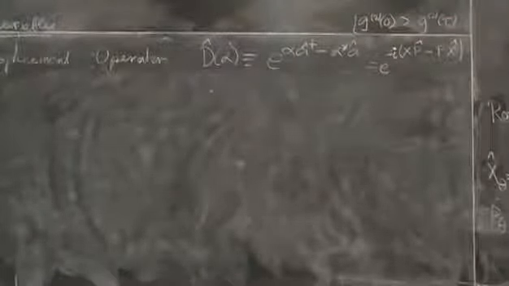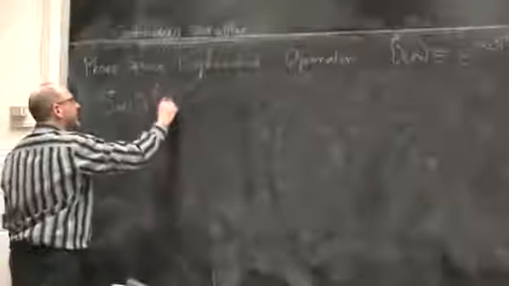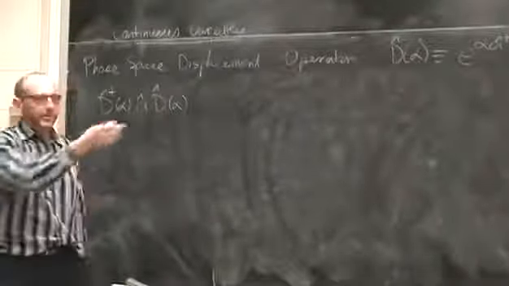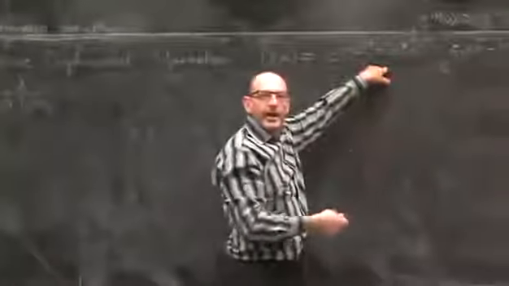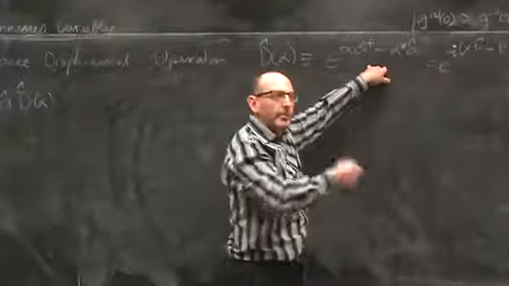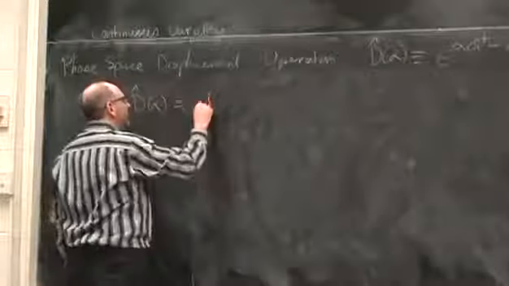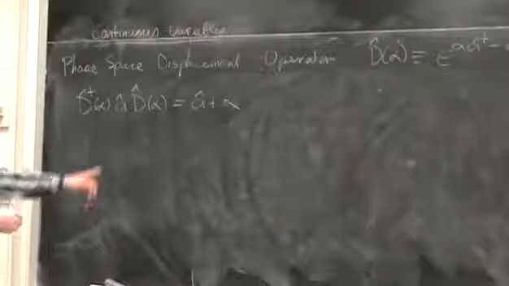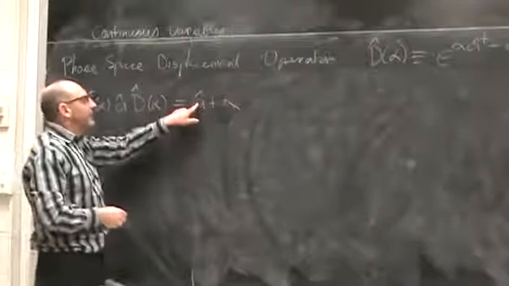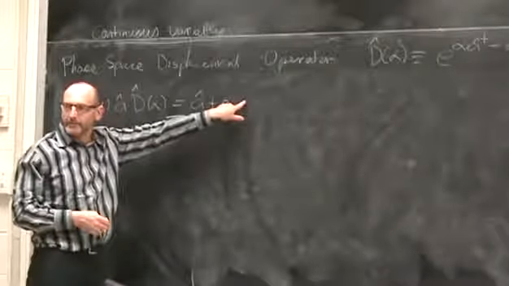And this operator conjugates the annihilation operator. And then we could go through the same algebra that we just did, where we write this as minus a, and we do that commutator multiple times. And what we find is that this is equal to a plus alpha. So it displaces the annihilation operator by this. Of course, this is times the identity.